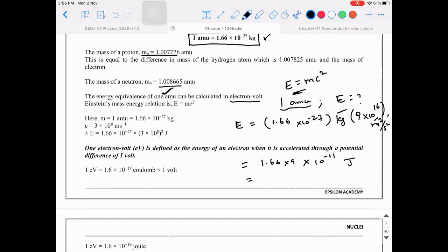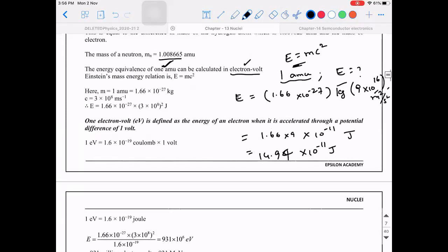So 1.66 into 9 is 14.94 into 10 power minus 11 joule. But what are they expecting? They want 1 AMU's equivalent energy in terms of electron volt. That's what we are going to use in this chapter.